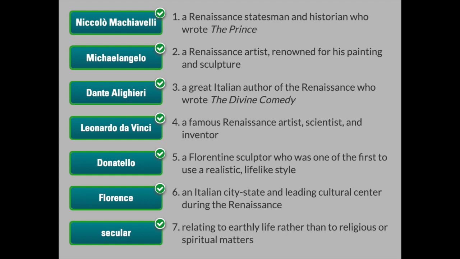And finally, at the bottom, secular. So we're getting away from just believing in religious ideas, but also secular ones. And that's where the humanists come in as well. So you don't have to choose a person that's from this list necessarily. There are many more in the chapter that you can choose from.